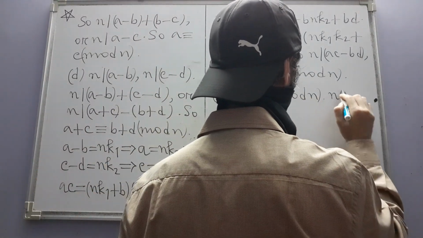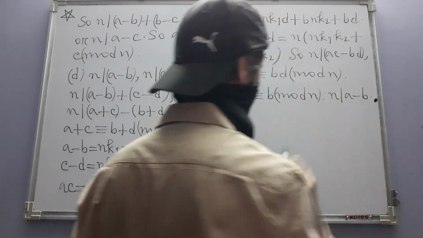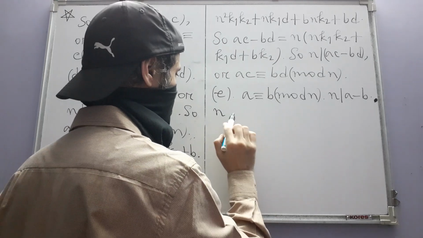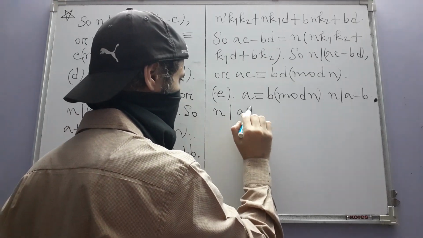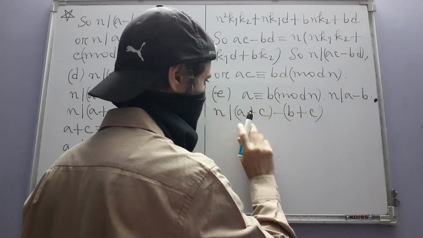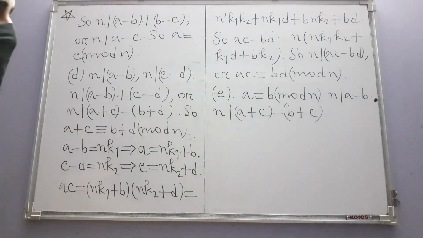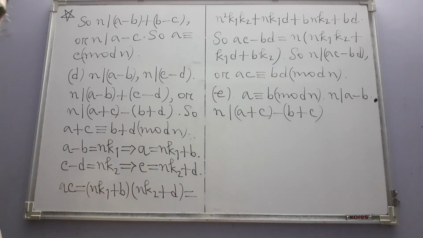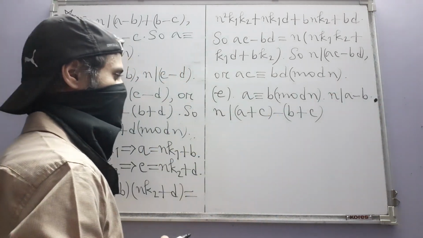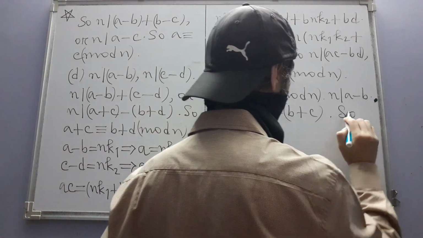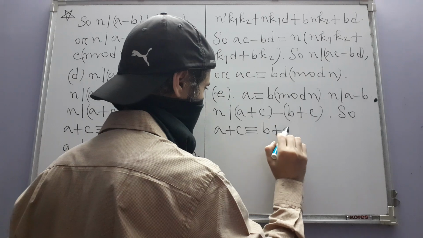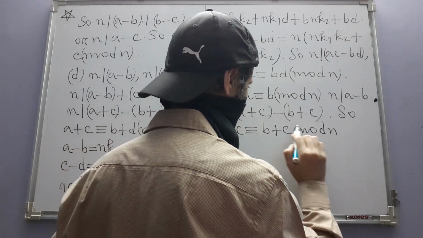From this we get n dividing A minus B. So n also divides A plus C minus B plus C, because if you look at it, C and minus C will cancel out and we will have only A minus B. So this is in fact the same as A minus B, and that is why A plus C is congruent to B plus C mod n.